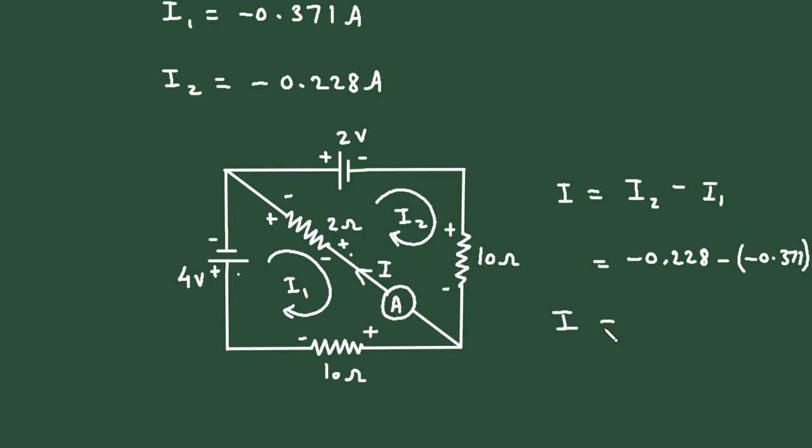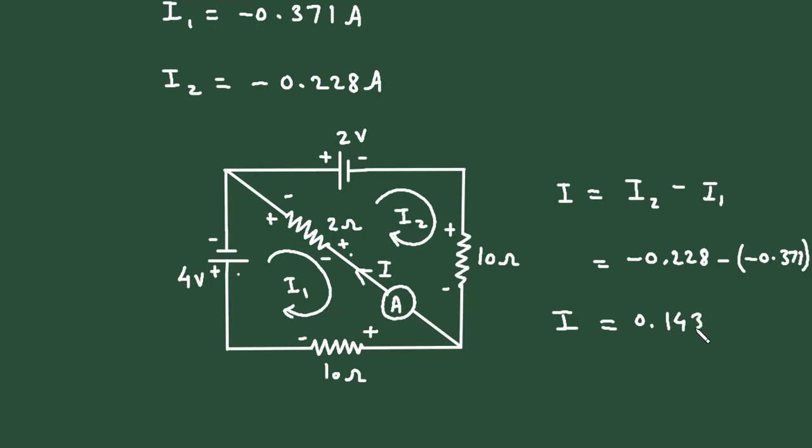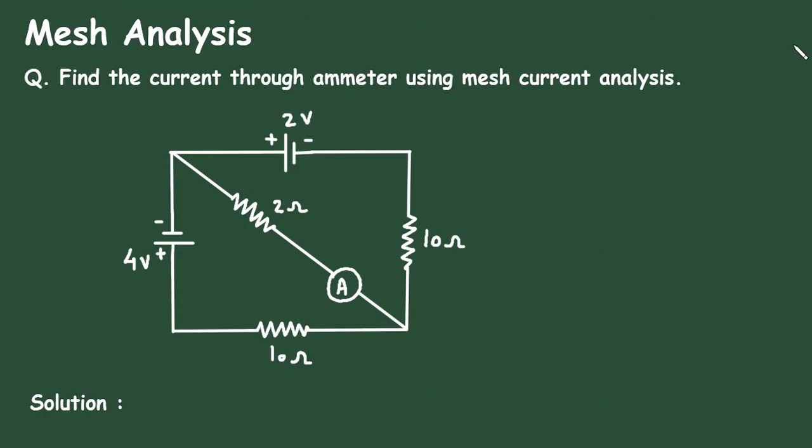So the current I is equal to minus 0.228 minus of minus 0.371, so it is 0.143. 0.143 ampere is the current I. This is the current through this ammeter. So this is how we can find the value of current through an ammeter by using mesh analysis.